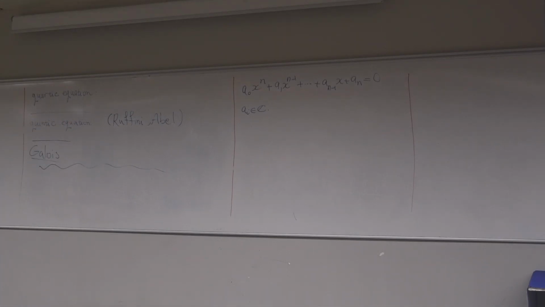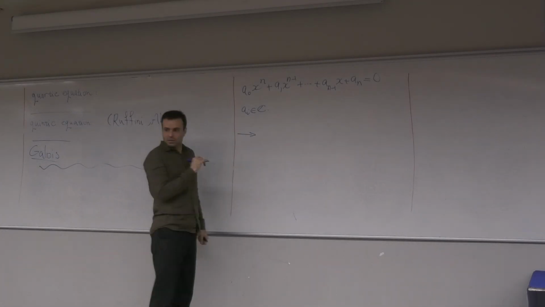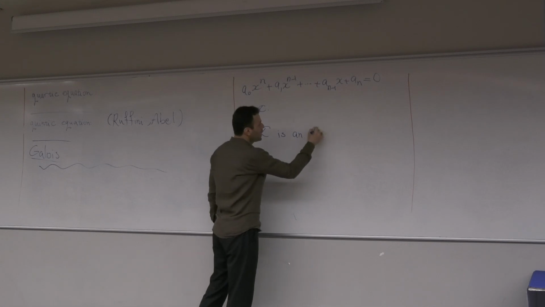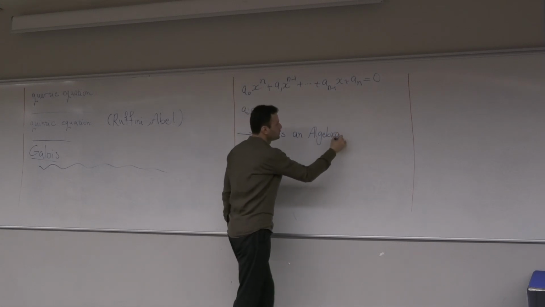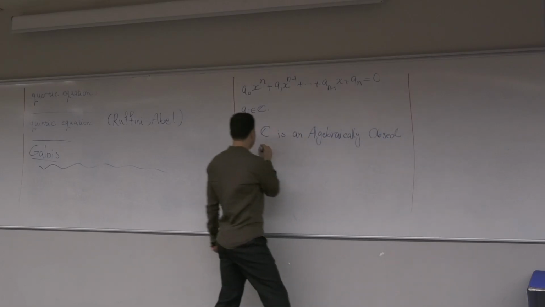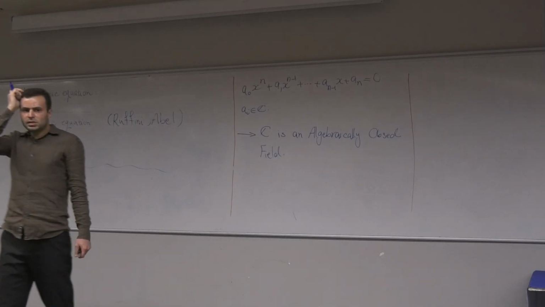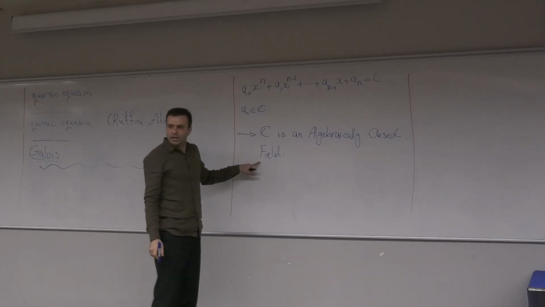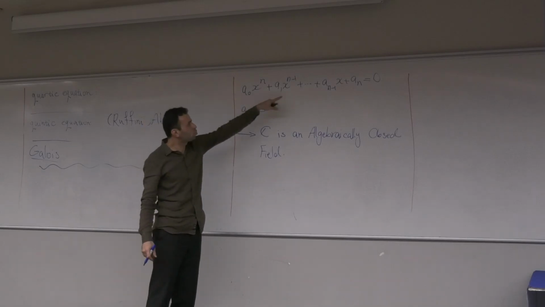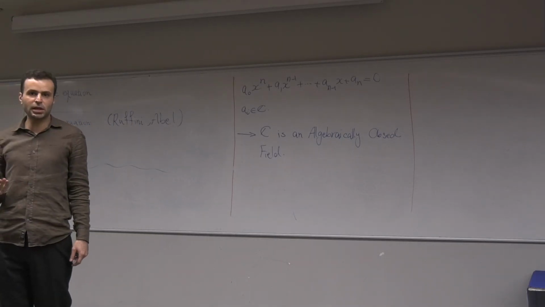Actually, if we are working with complex numbers, yes, we can. This result is stated as C is an algebraically closed field. What does it mean? If you take any non-constant polynomial that has complex coefficients, you can always find a root for it in the set of complex numbers.